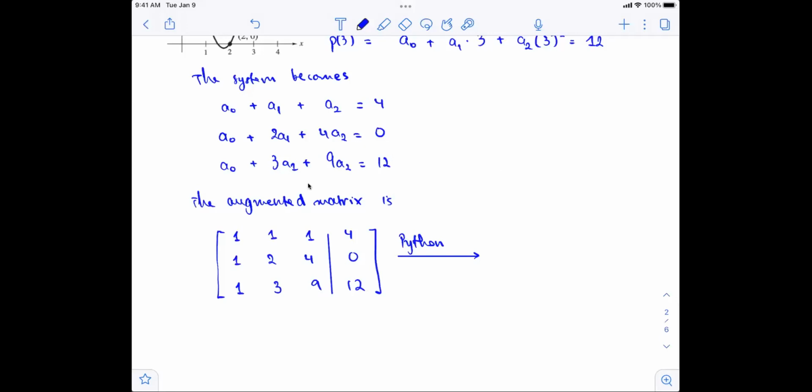All right, so it's working. So this is the augmented matrix. Okay, so now what you want to do, of course, is to obtain the reduced row echelon form, and that can be done using sympy, right?